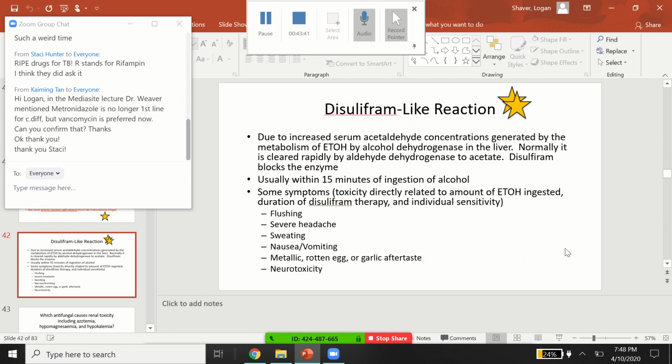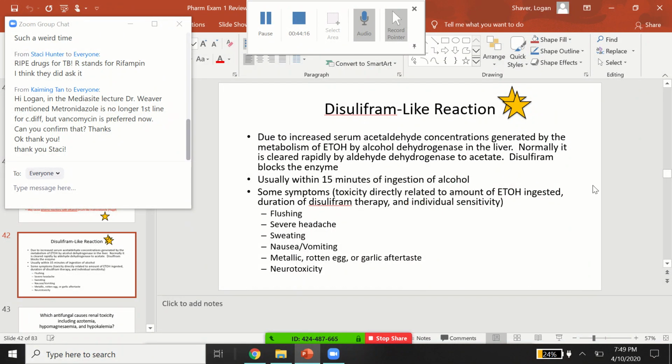Now here is that slide with the disulfiram reaction. Is she going to ask you specific details on the ins and outs of the disulfiram reaction? Probably not, but she'll give you a patient that comes in with something similar to this. Typically you see flushing, severe headache, sweating, all this kind of deal, right?